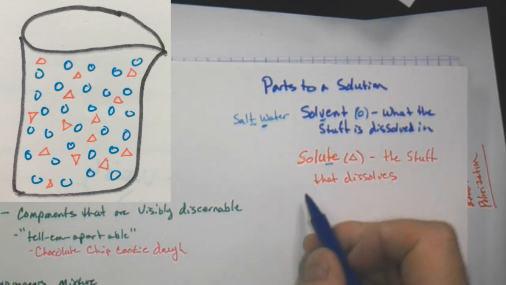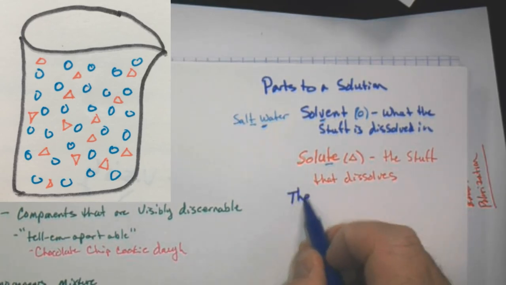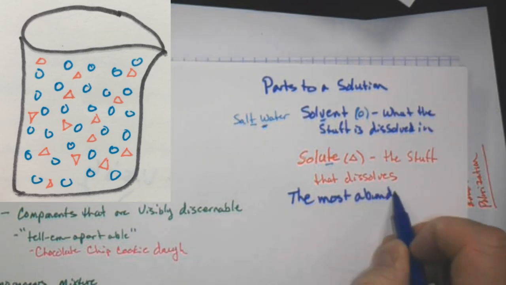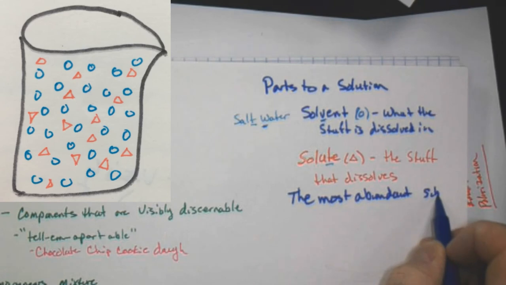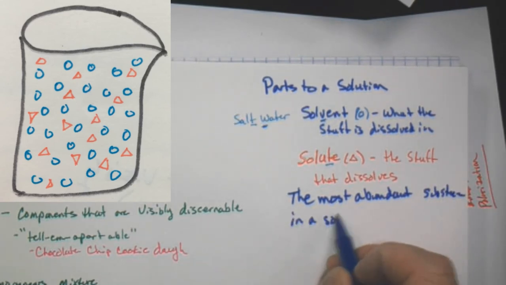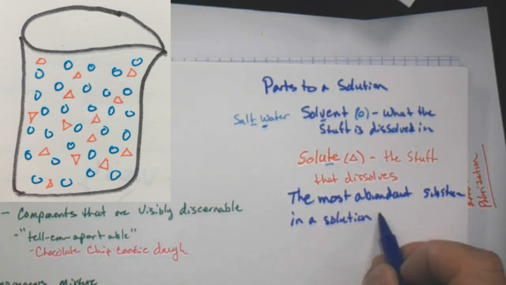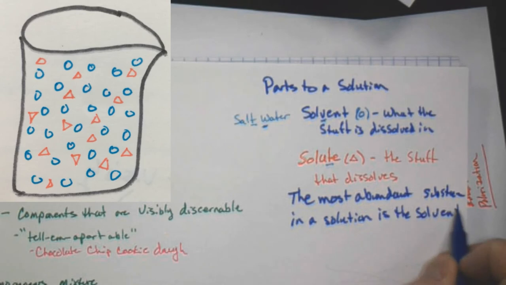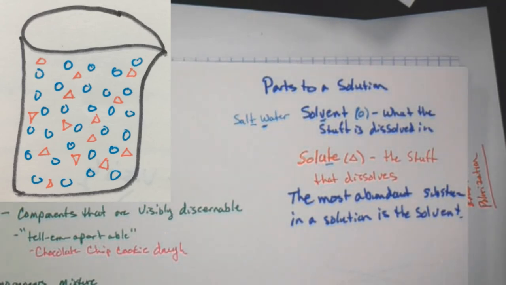Okay, the most abundant substance in a solution is the solvent.